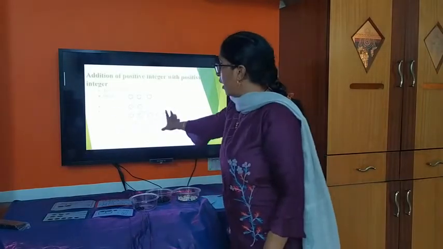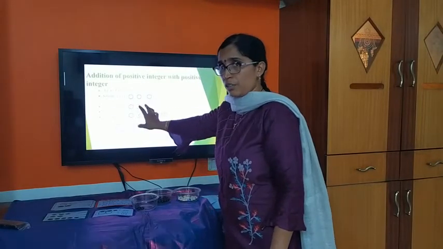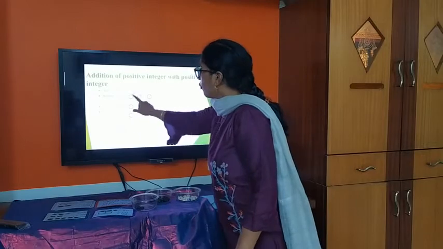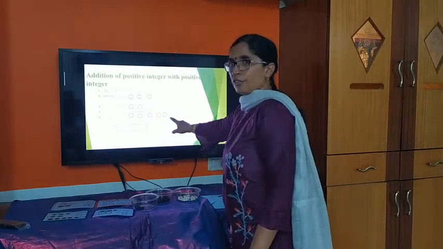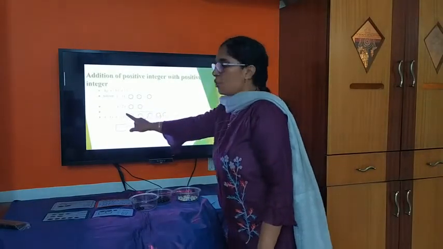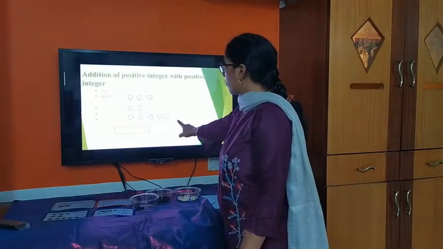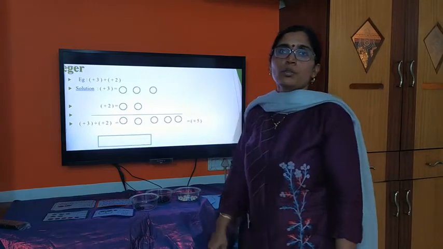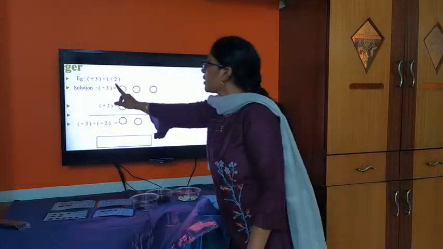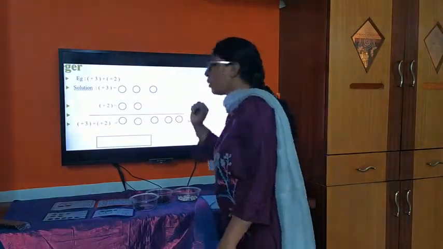So total, how many here? Only unshaded circle have. You have to combine. If you combine, what you will get? 5 unshaded circles. So plus 3 plus 2 is nothing but plus 5. So what is the value of this? Plus 3 plus 2 is nothing but plus 5.